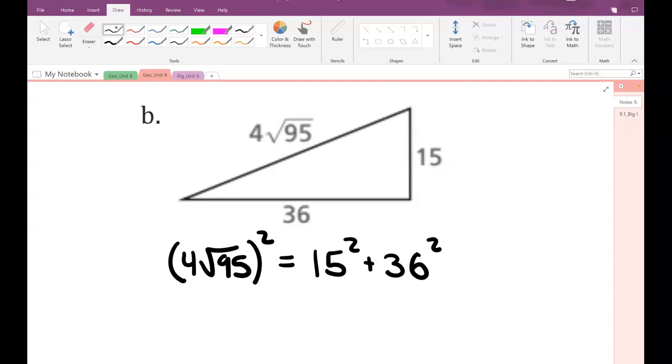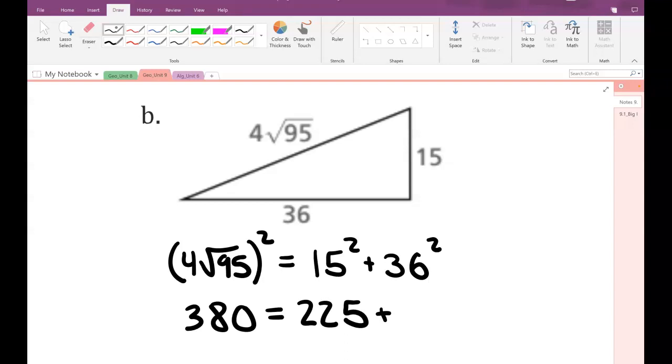So 4 square root of 95 squared, I would do that. You can put it in just like this onto your calculator. You get out 380. 15 squared is 225.